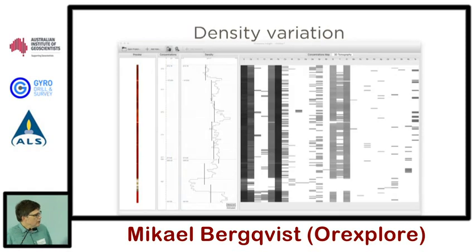We show the density variation in the same way with the diagram, and here we can see the measured density parts and also those density variations that come from applying the knowledge of the mineral structures or the mineral composition that is underlying that piece of the core, and working out the variation that would have been there had we looked at the actual 4 millimeter intervals of mineralization instead.